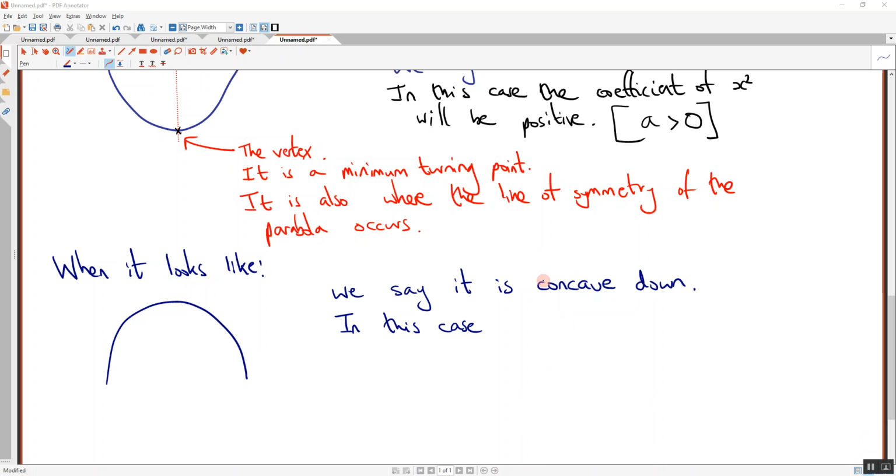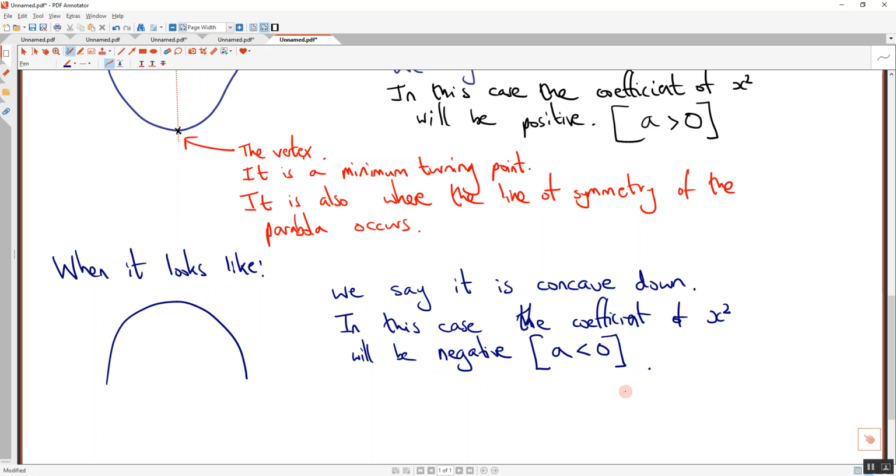So in this case, the coefficient of x squared will be negative. So what does that mean in terms of a? a has to be less than 0 because it's a negative number.